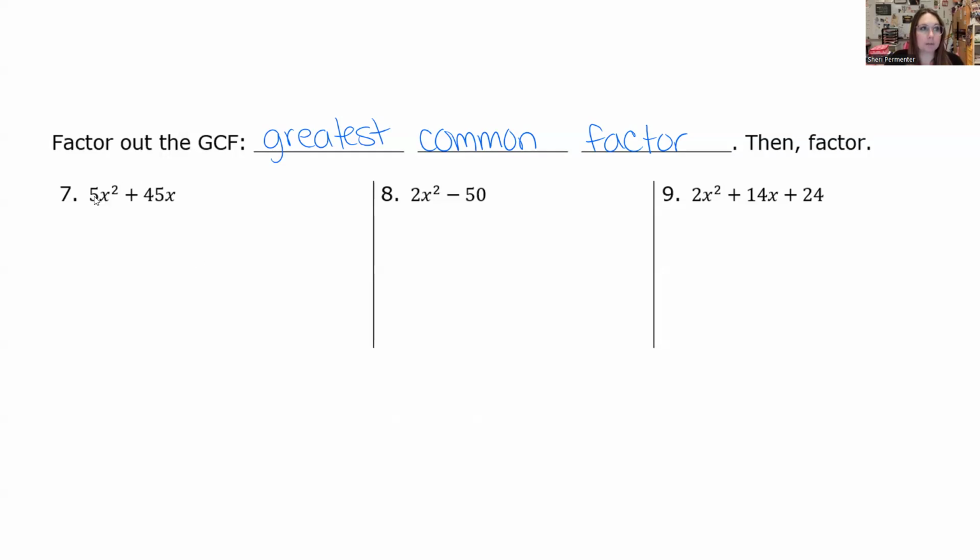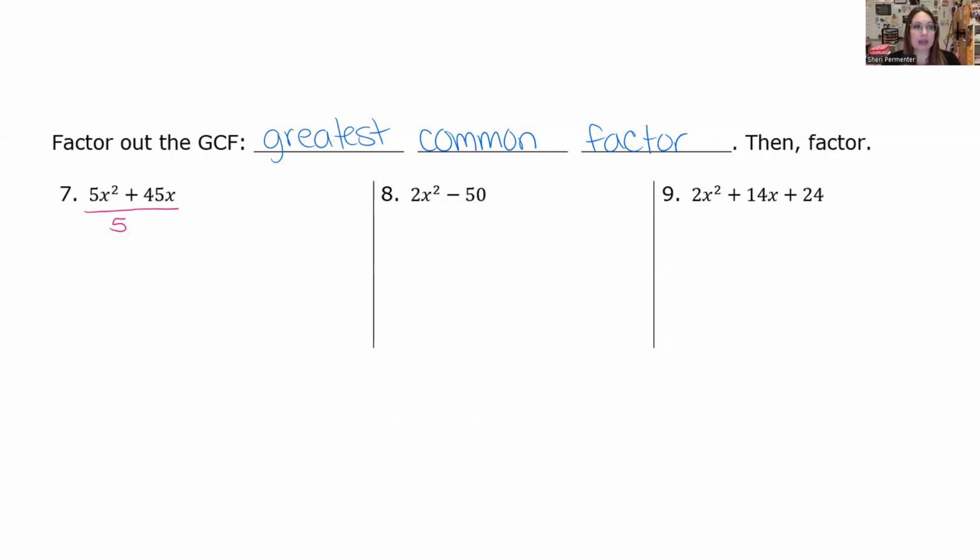For this problem, the biggest number that can divide into 5 is 5. The biggest number that can divide into 45 is 45. So what's the biggest number that could divide into both of them? Well, the biggest number that can go into 5 and 45 is going to be 5. So I can divide out a 5.